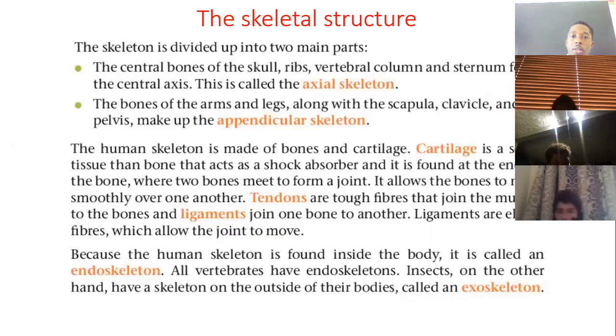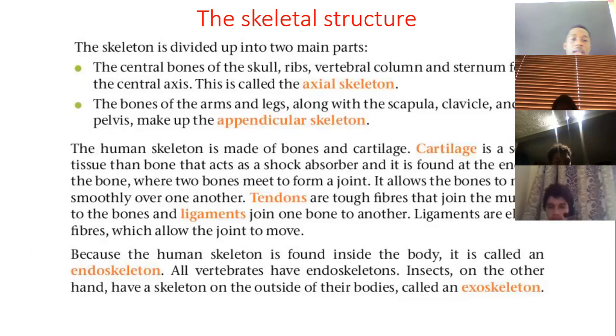All right, continue. The skull is divided into two main parts. The central bones of the skull, ribs, vertebral column, and sternum form the central axis. This is called the axial skeleton. The bones of the arms and legs, along with the scapula, clavicle, and pelvis, make up the appendicular skeleton.